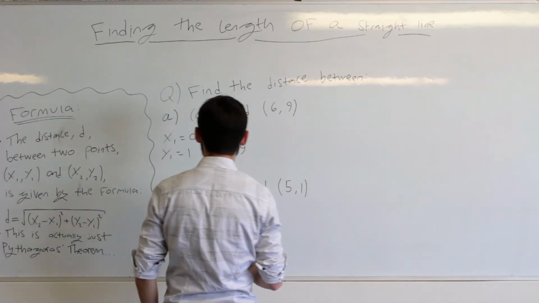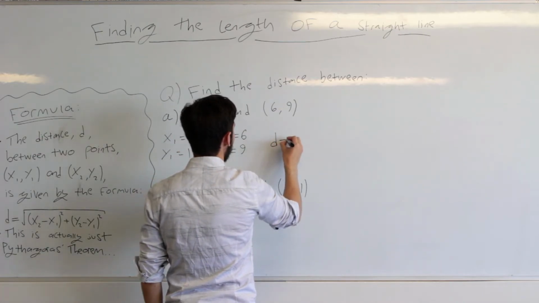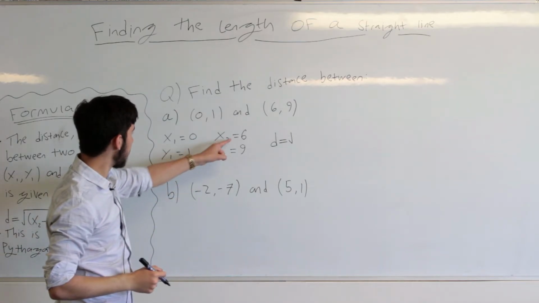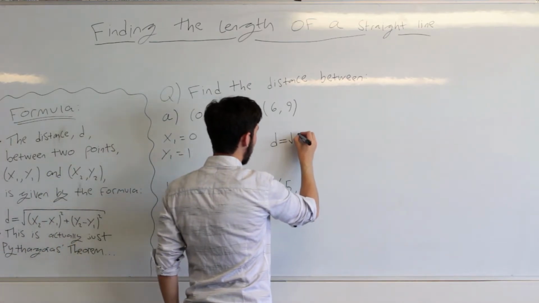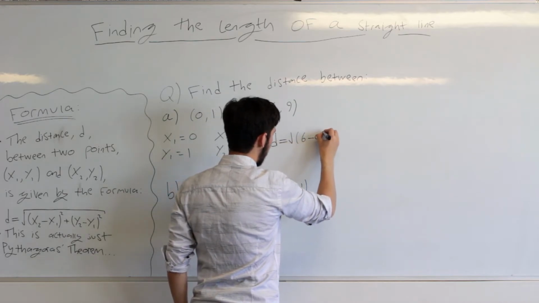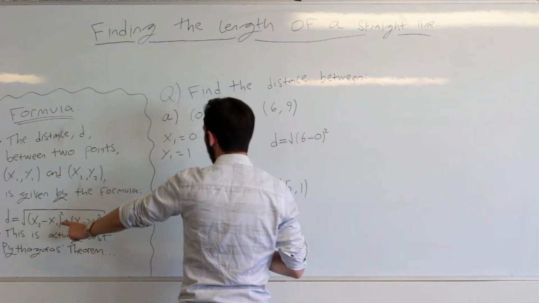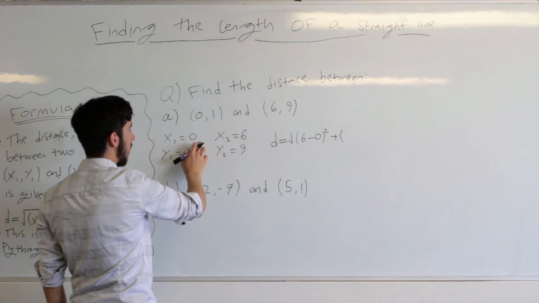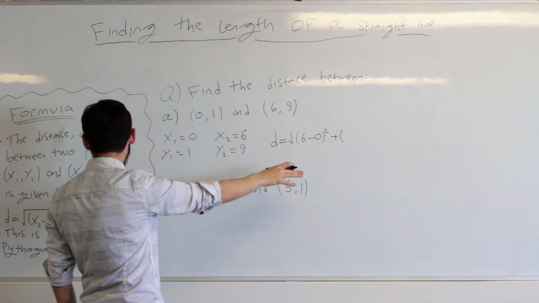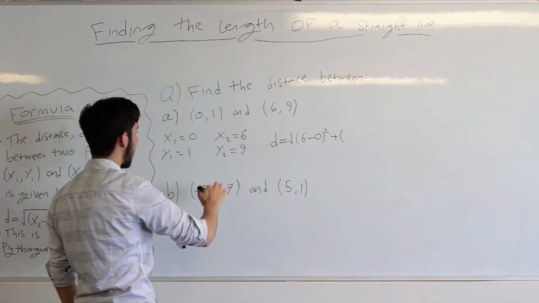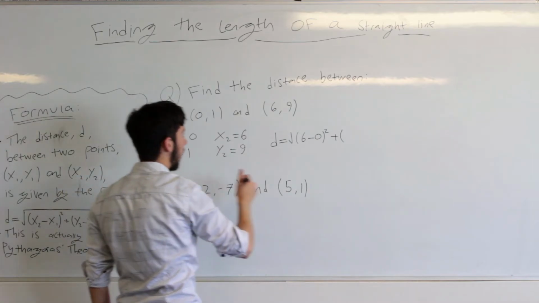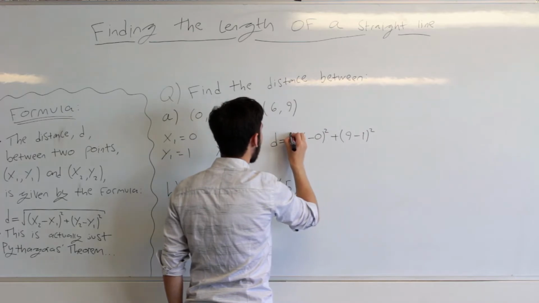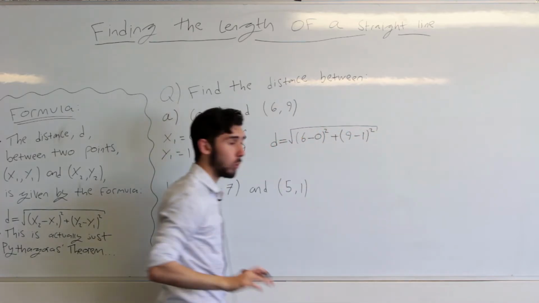Using this formula, d is equal to the square root of (x2 minus x1) squared, so 6 minus 0, and we have to square that because it's squared in the formula, plus (y2 minus y1) squared, so plus (9 minus 1) squared, and of course we need to take the square root of all of that, okay?